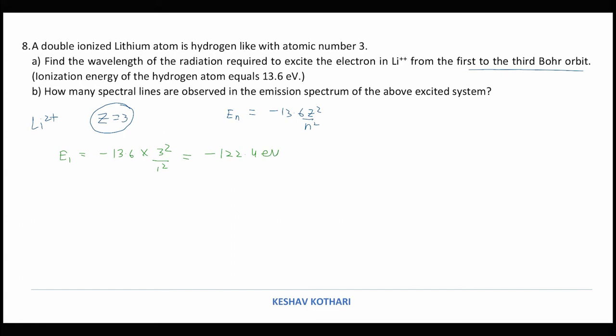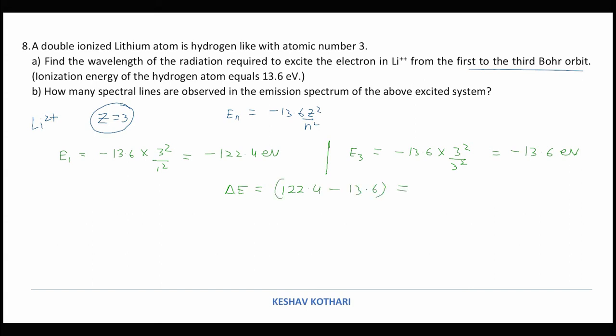And if we calculate energy for the third shell, that is n equal to 3, the value comes out to be minus 13.6 Z square, that is 3 square by n square, again 3 square. So we obtain the value equal to minus 13.6 electron volt. So if we calculate the energy gap between the two shells, it is 122.4 electron volt minus 13.6 electron volt.